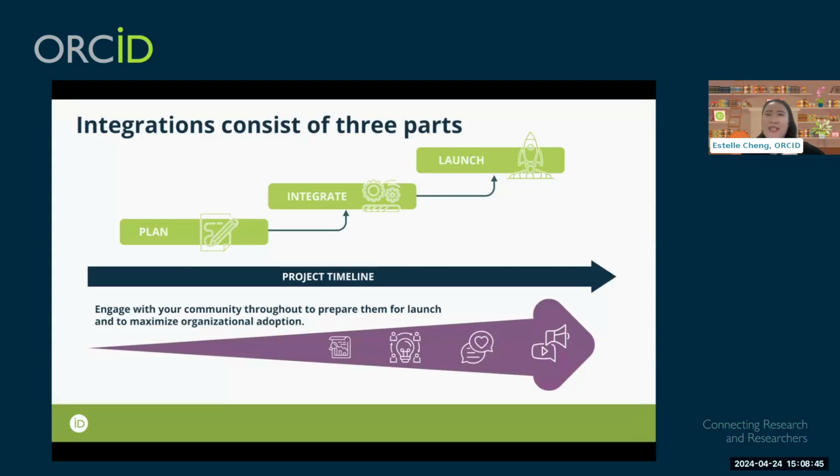Although it sounds a bit cliche, it's a very important foundation for successful integration. To wrap up, it's about engaging with your community throughout the whole integration timeline, from launch, and maximizing organizational adoption. So plan, integrate, and launch. I'm going to talk a bit more about this.